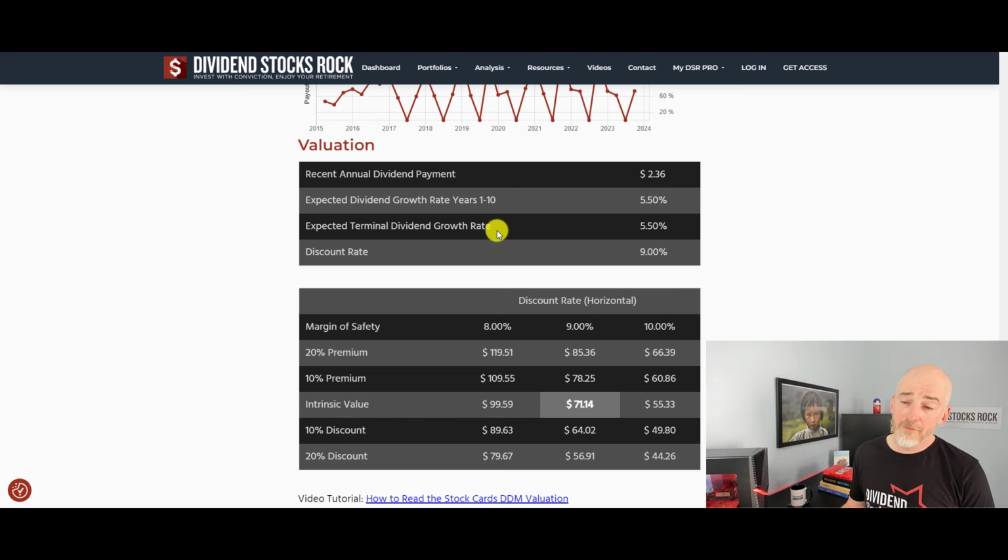For Fortis, we have used the same number, but obviously for a company that is growing its dividend by 8 or 10% right now, it would be unrealistic to expect a double-digit dividend growth rate for the next 30, 40, 50 years, right? So for that reason, we would use a more precise dividend growth rate for the first 10 years, something closer to the past 3 or 5 years, and then we would reduce it for the terminal rate just to show a little bit more conservatism in our calculation.